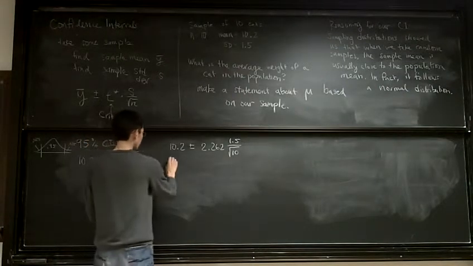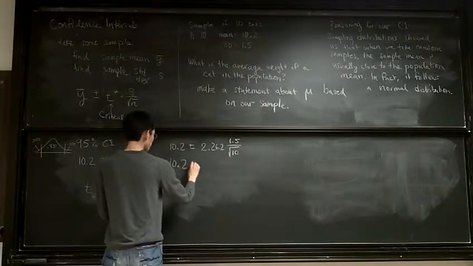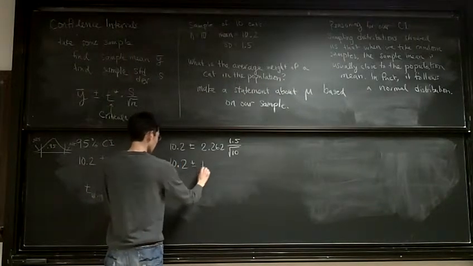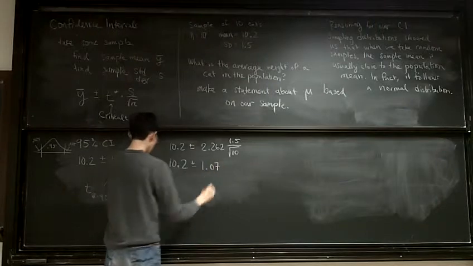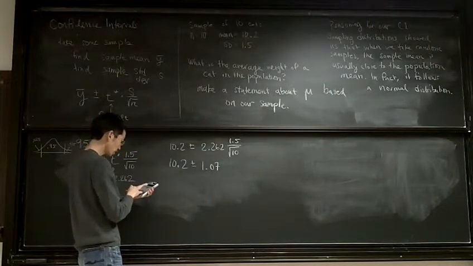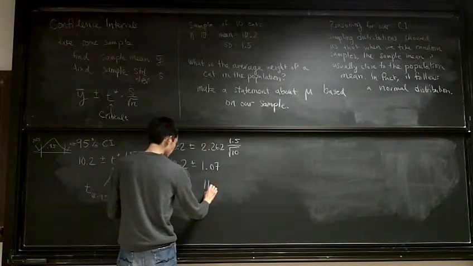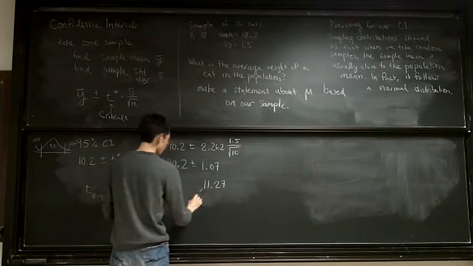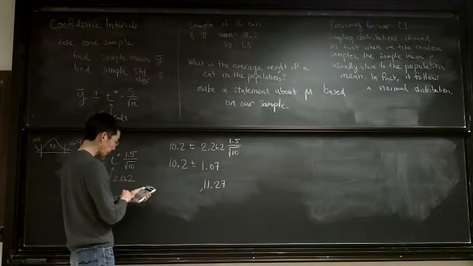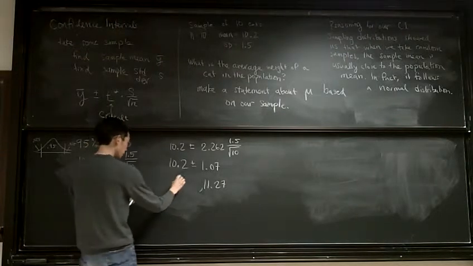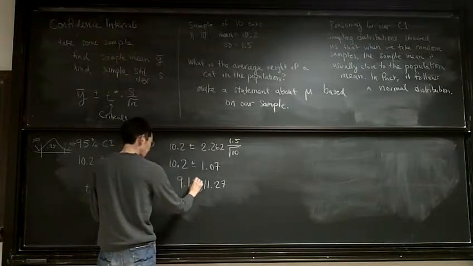So now I have 10.2 plus or minus 1.07. On the upper end I have 11.27, and on the lower end I have 9.13.